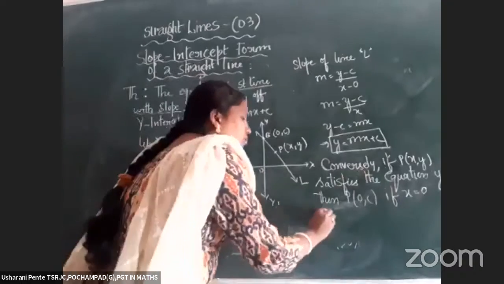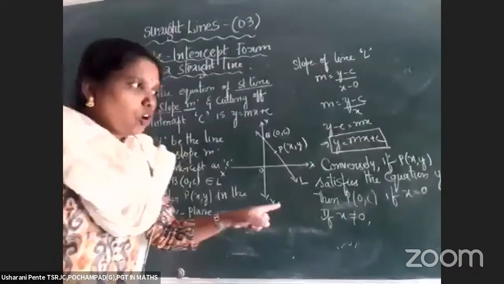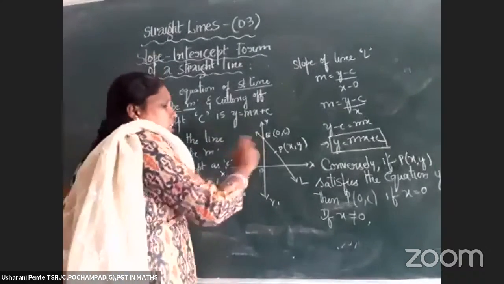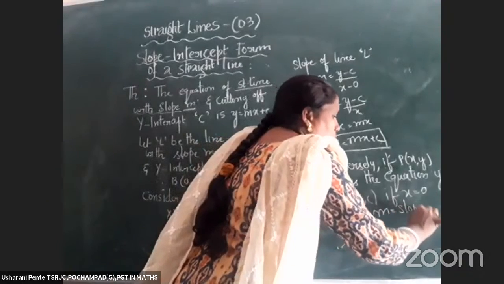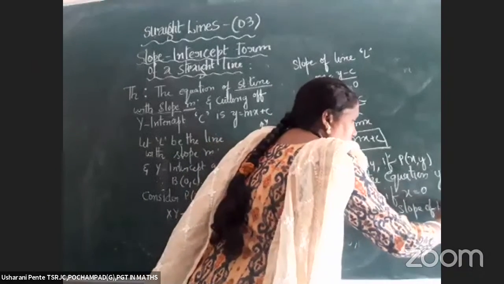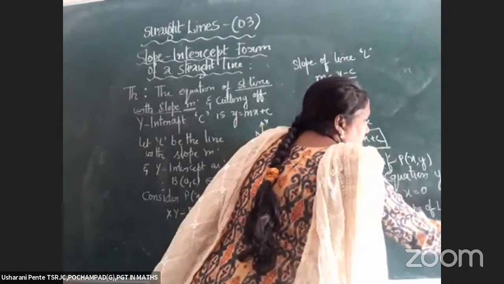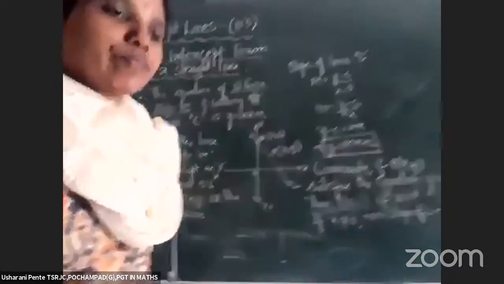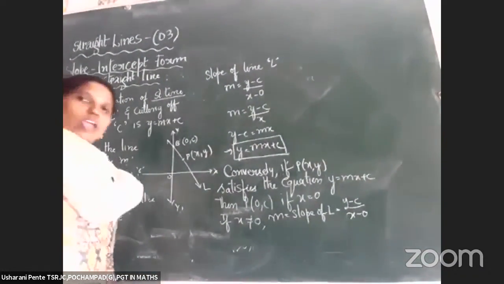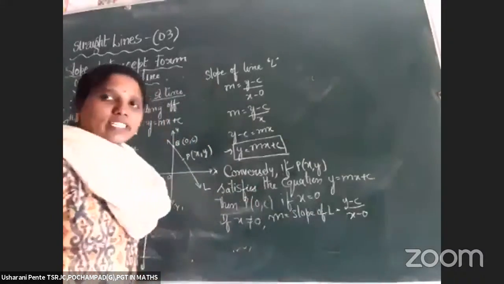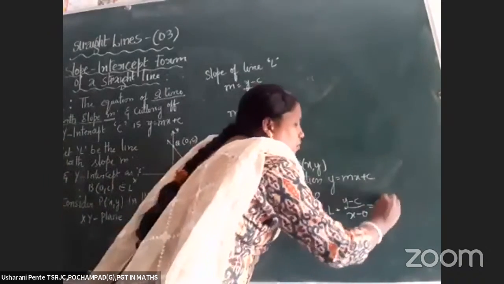If x is not equal to 0, then m, the slope of the line L, equals (y minus c) over (x minus 0), and that is nothing but the slope of BP.